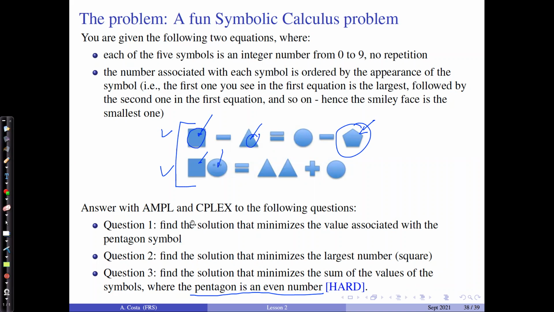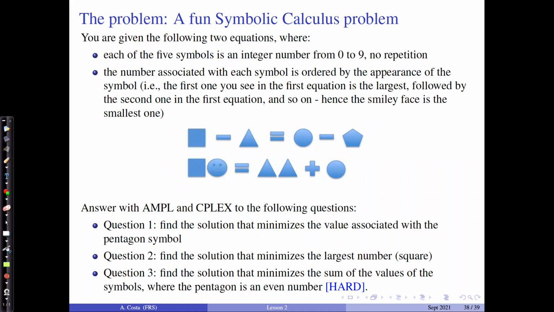And then the 3 problems are: find a solution that respects all these and minimizes the value of this symbol here, the one that minimizes the largest number, and the one that minimizes the sum of all these numbers, with the condition that this one is even.